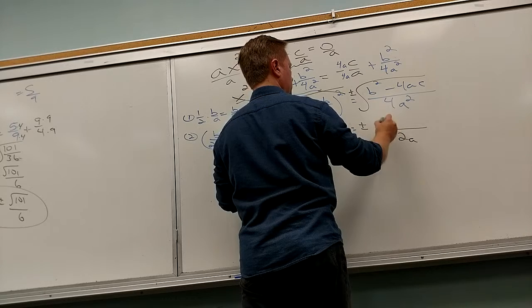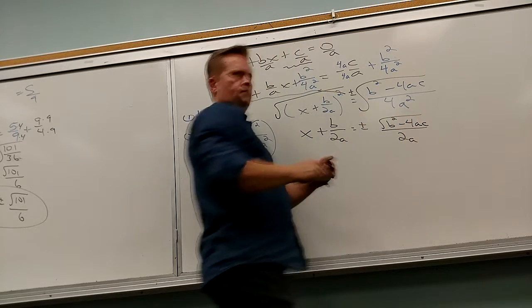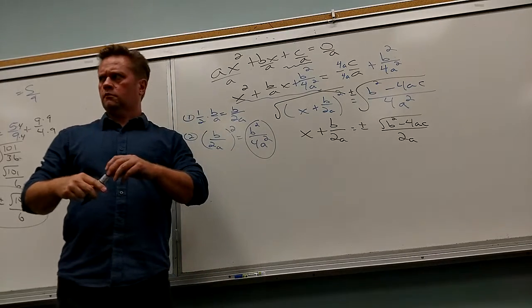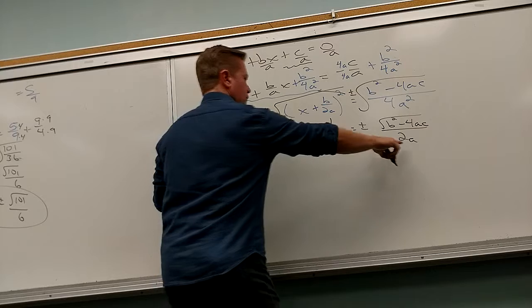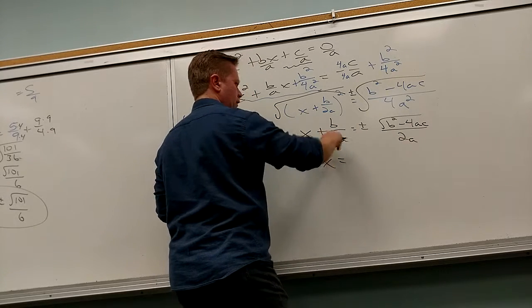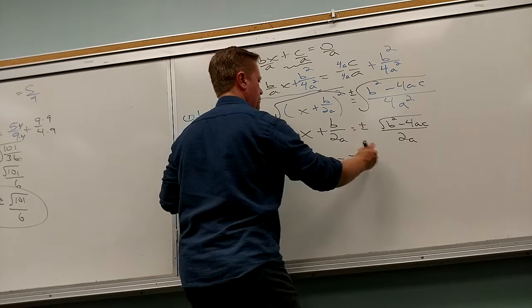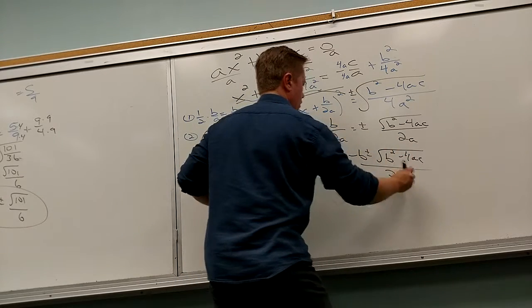And up here I just get this. Then I just subtract that over. And they have LCD, don't they? See that? So I can put them together. So if I subtract this over, it's going to be negative b plus or minus the square root of b squared minus 4ac, all over 2a.